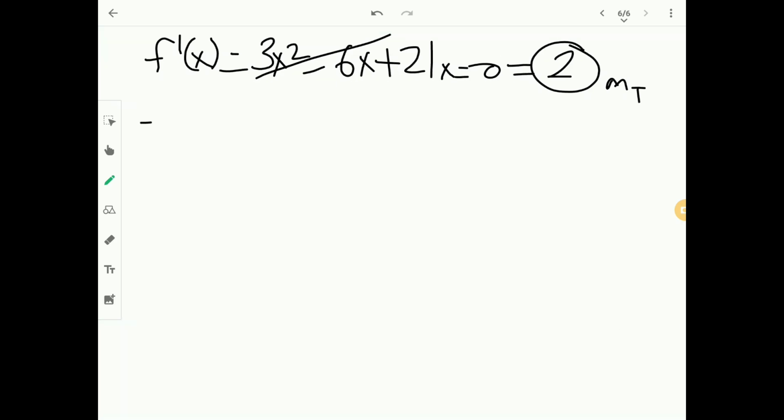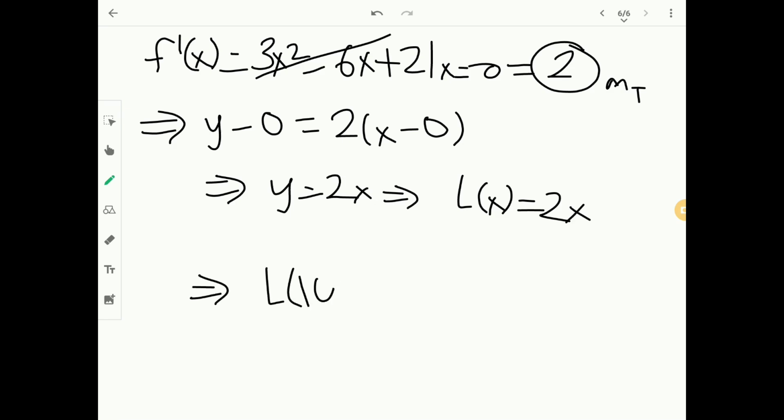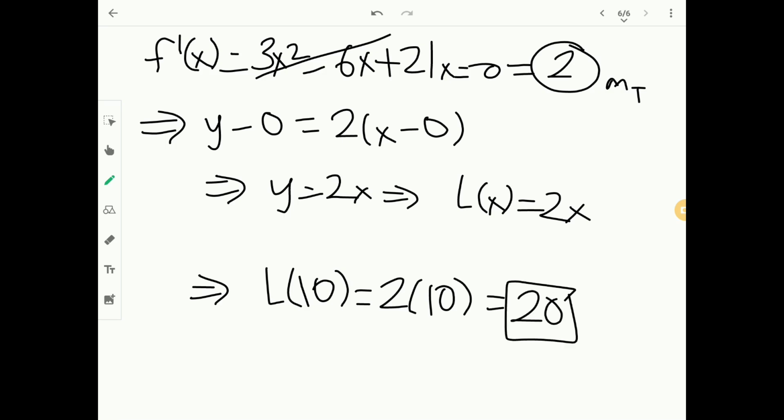Now we get y minus 0, because it was 0 in the beginning, equals 2 times x minus 0. So it gets y equals 2x, which leads to L of x equals 2x. They're asking us for L of 10. So that's 2 times 10, giving us 20. And this is the answer.